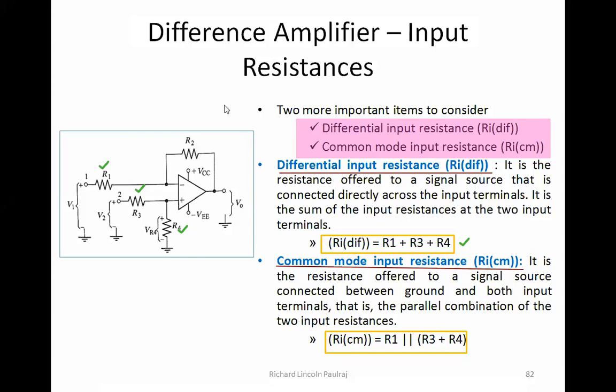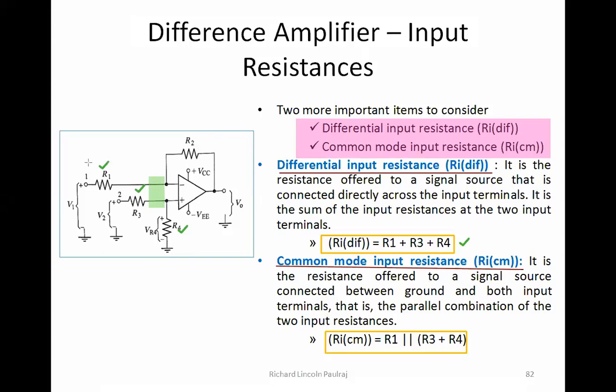Yes, sir, got it. Let me show you what is going to happen. Now this is my input side, isn't it? See the highlighted portion, that's my input side. So what resistances are connected?